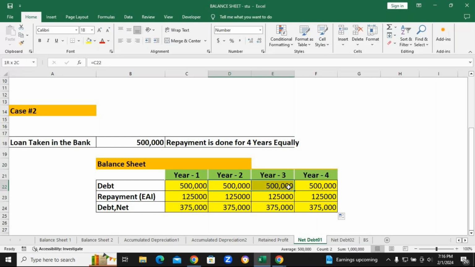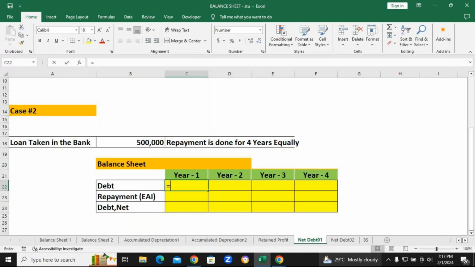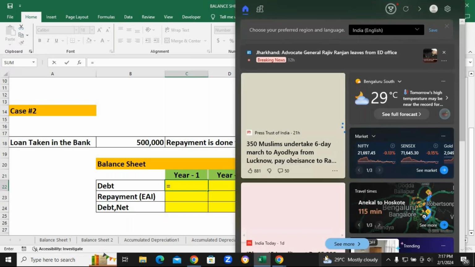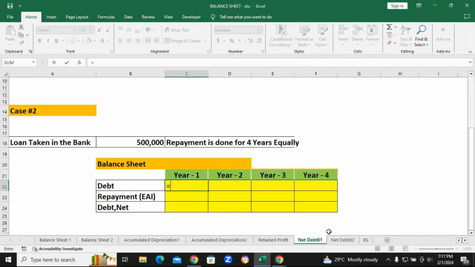Sorry, here I have just made a mistake. See, at the end of the year it will be 0. I'll show you once again. I just made some mistake over here. The debt amount will be 5 lakh rupees, and the EAI that I'm going to pay on 5 lakh is for 4 years.